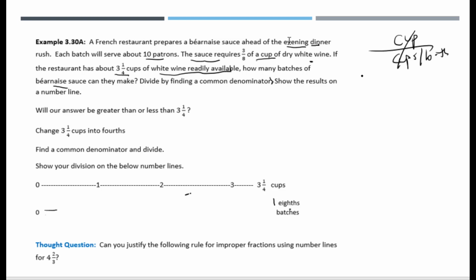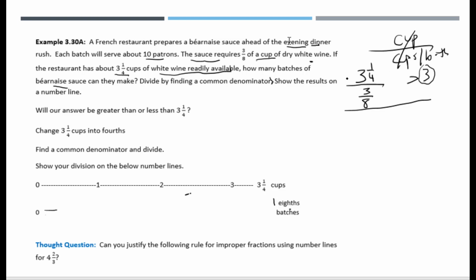Now, hopefully you can see this problem really is about taking 3 1/4 and dividing it by 3/8. And we're going to get something greater than 3. When I take a number around 3 and divide it by a number less than 1, I'm going to get more than the original number, right? The quotient's going to be more.